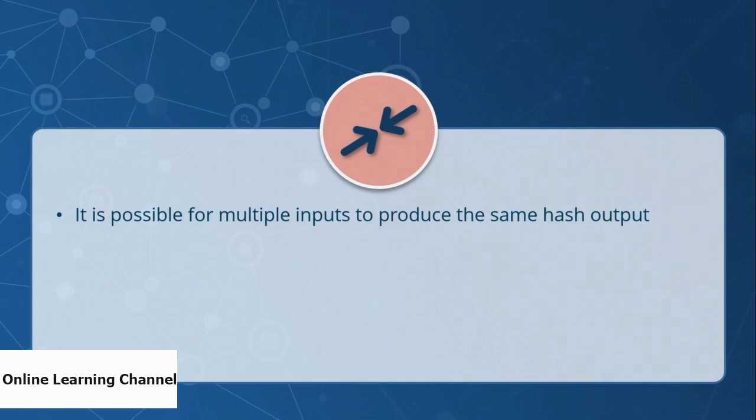So while a good hash function will generate very few hash collisions, these are by no means impossible. But the reason why cryptographic hashes do find use in security is that these collisions are pretty much impossible to predict.